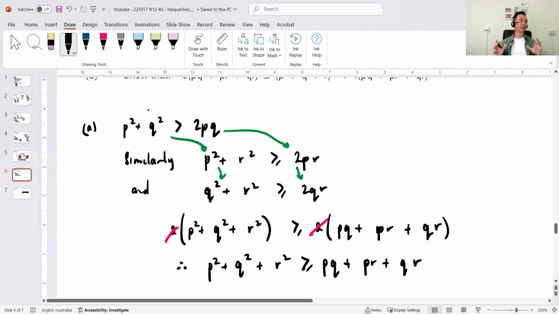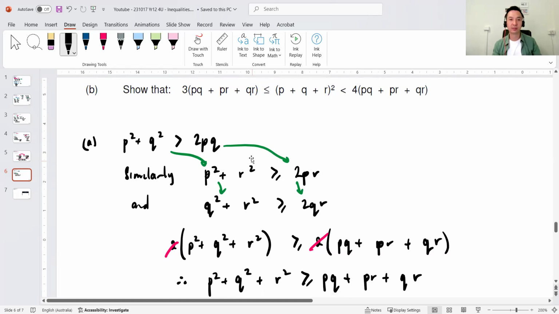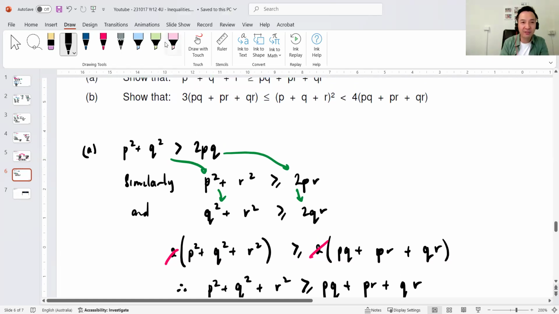Now that we have that, we need to prove the next part. Now, the next part is super key. I have a perfect square in the middle, a perfect square of 3 terms in the middle. And the inequality works really nicely. On the left-hand side, it's 3 times the 2 pairs. On the right-hand side, it's 4 times 2 pairs. And then subtly, one's a less than or equal to, and the other one is just less than.